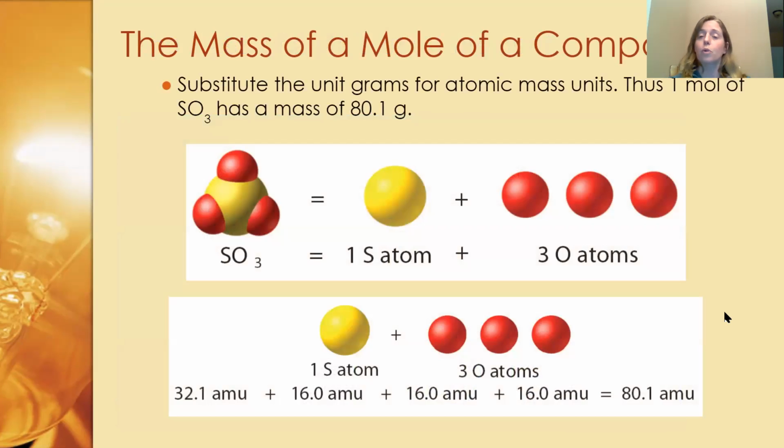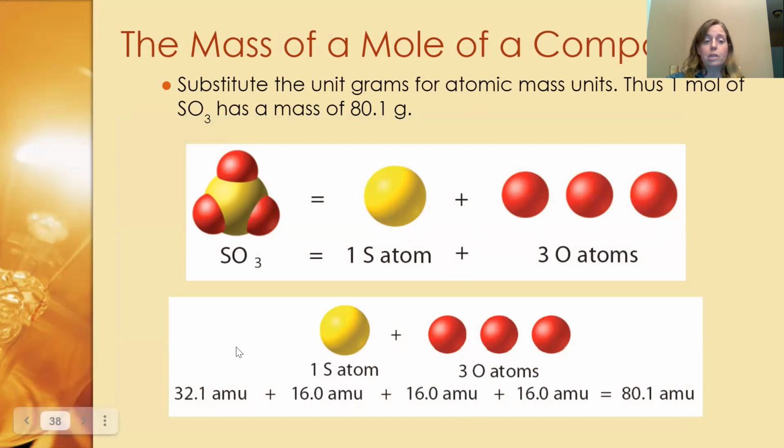Now if we're looking for the molar mass of a compound, we're going to take the individual mass of each element and then add them all together. For our purposes here, this is sulfur trioxide, meaning there's 1 sulfur with 3 oxygens attached. So 1 sulfur atom and 3 oxygen atoms.